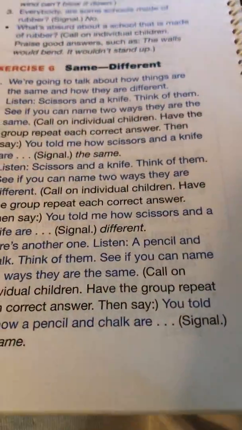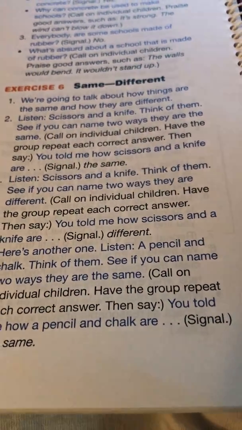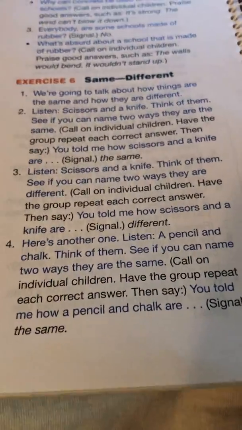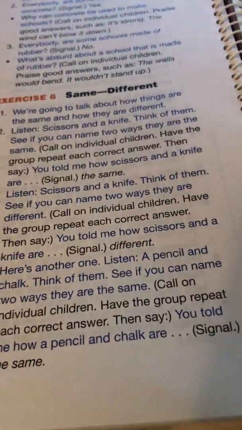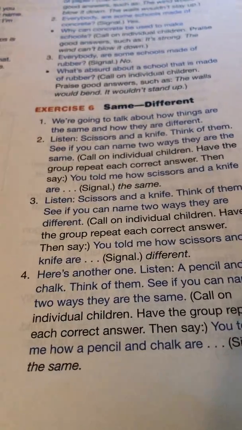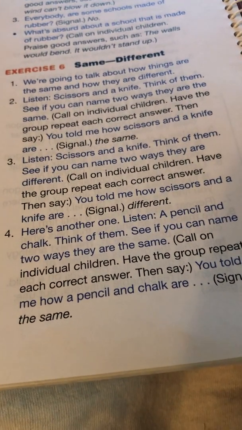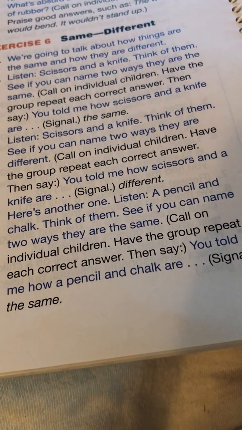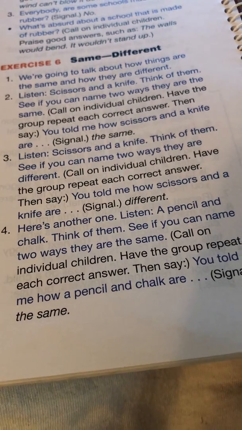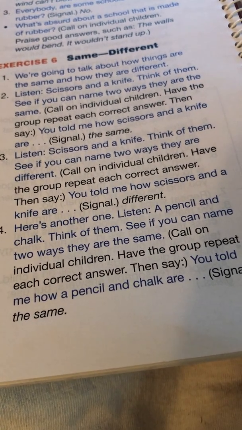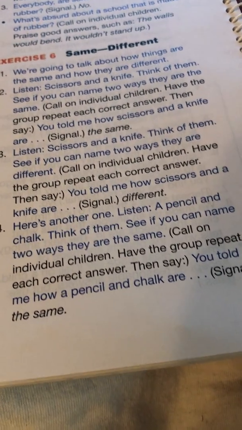So think about a scissors and a knife. We're going to talk about how scissors and a knife can be the same and how they are different. So think of two ways that scissors and a knife are the same. Pause and get thinking time.